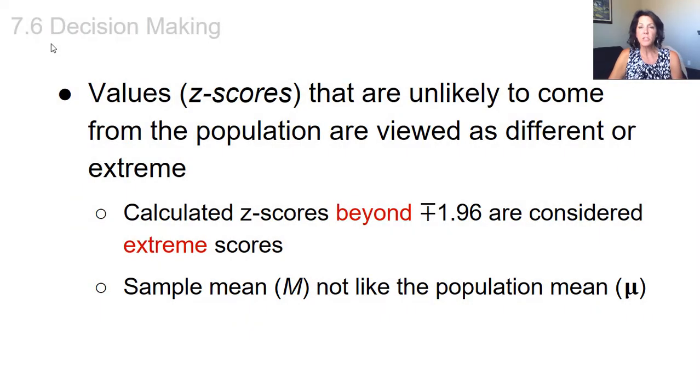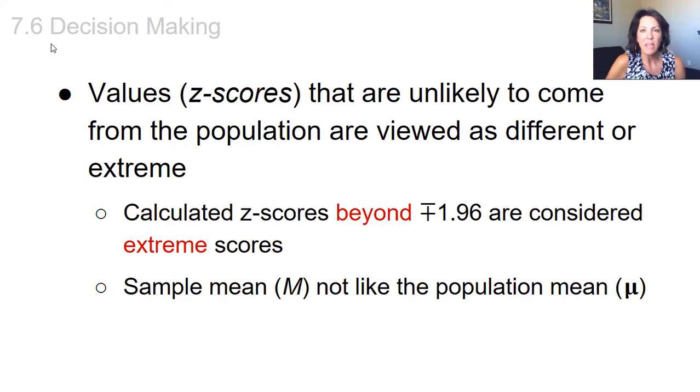So z-scores that are unlikely to come from the population are viewed as different or extreme. So what does that mean? Well, in this case, since we've made our threshold plus or minus 1.96, anything less than negative 1.96 or more than positive 1.96 is going to be considered extreme values, extreme means.